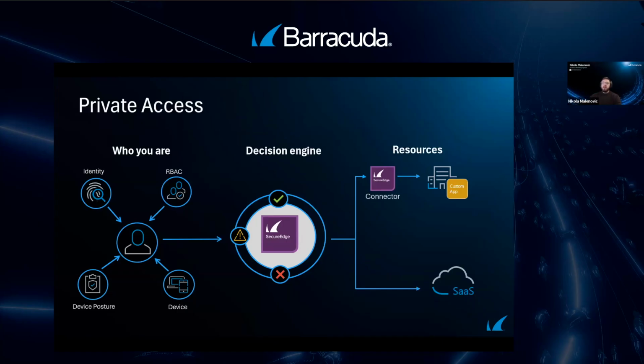These factors include the user's identity, role-based access control, device posture, and the device itself. So they all help establish both who the user is and the overall security posture of their device.